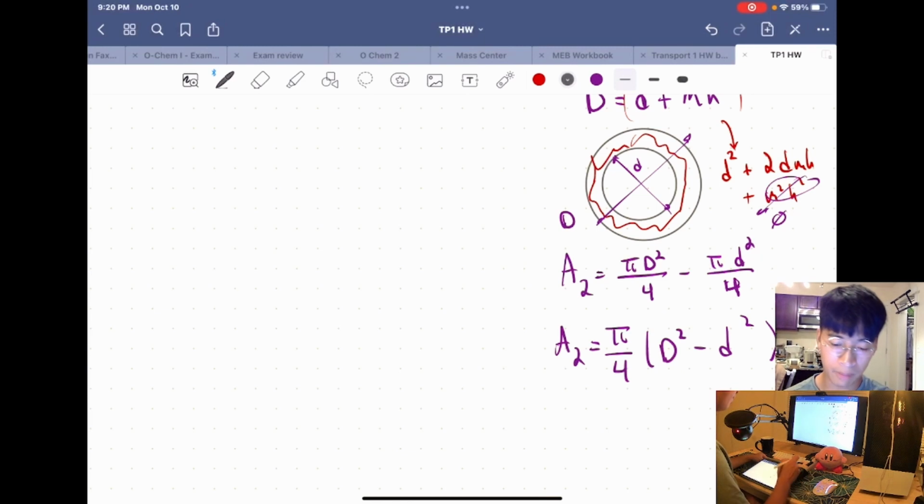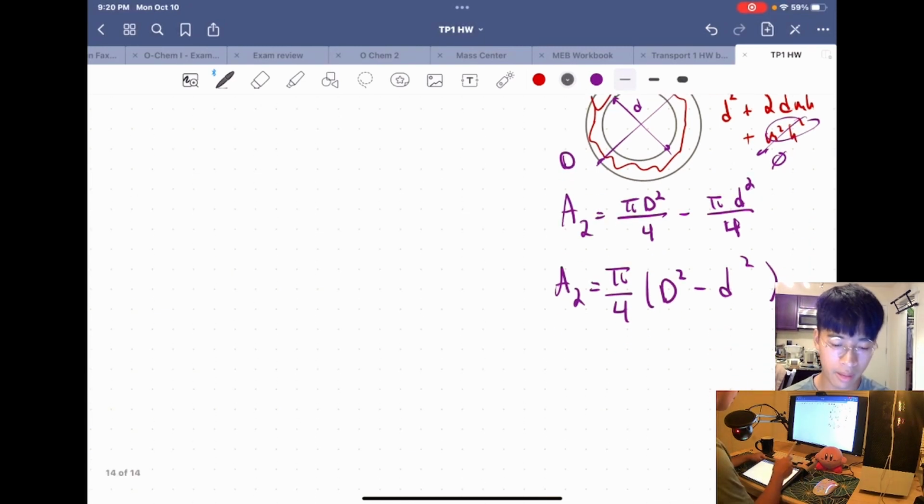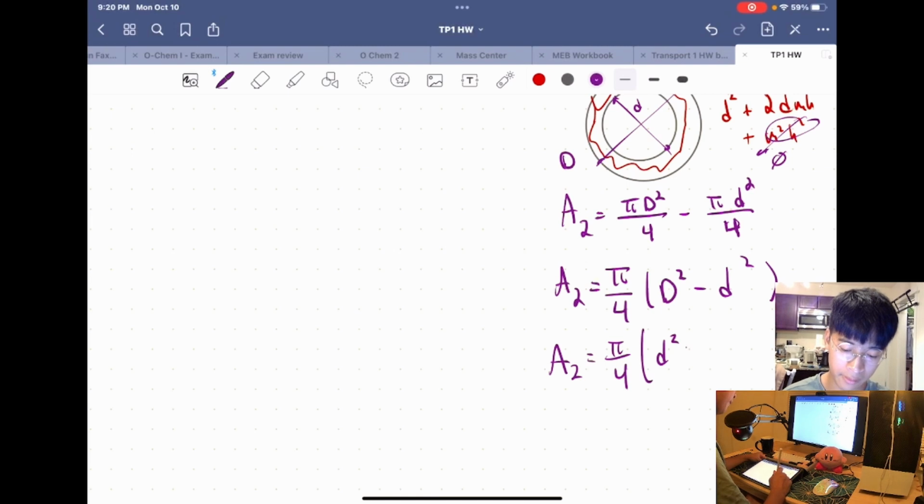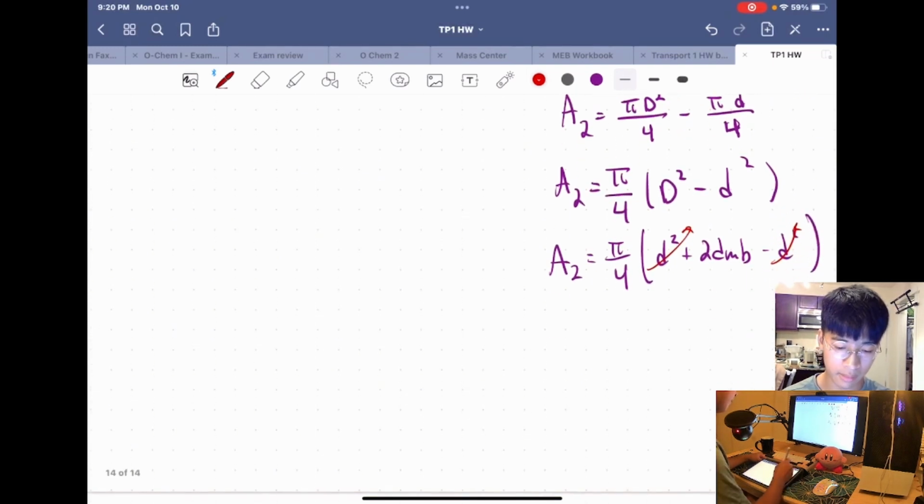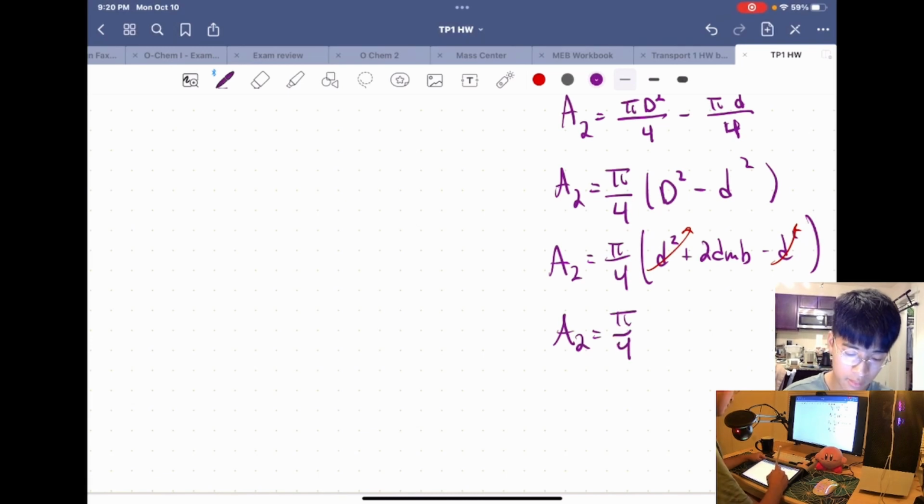Okay, so you plug this term into big D squared. So we have A2 equals pi over 4 diameter of the sphere plus 2d mh minus diameter of the sphere squared. You see that d squared cancels. So now you have an expression for A2 equals pi over 4 2d mh.